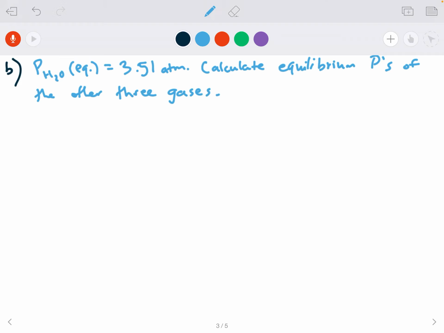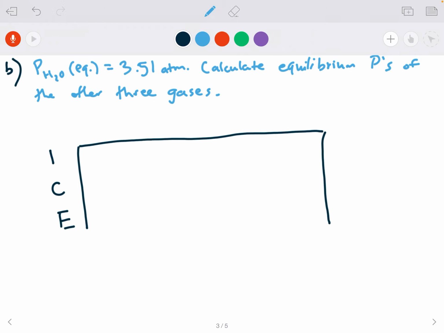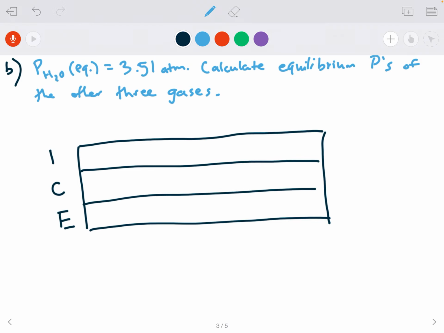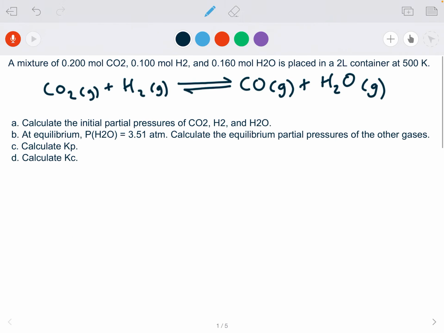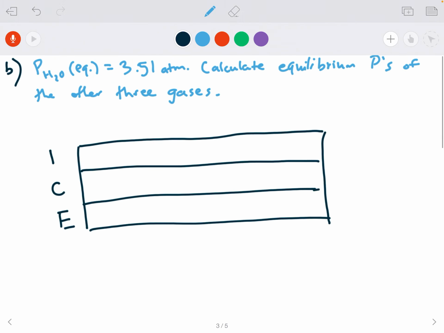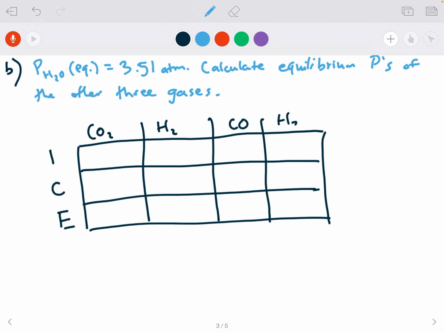So what an ice table means, and I'll set it up here. So the equation, right, if we go back, first page, CO2, H2, CO and H2O.